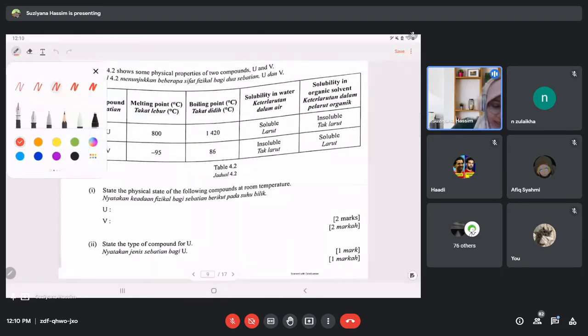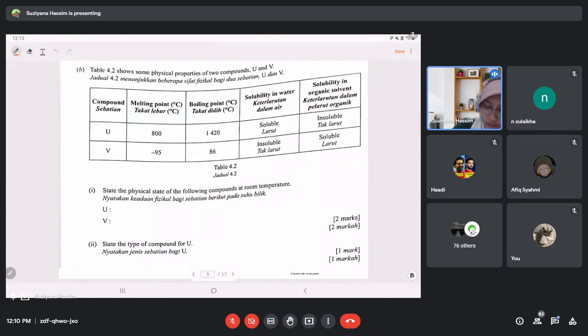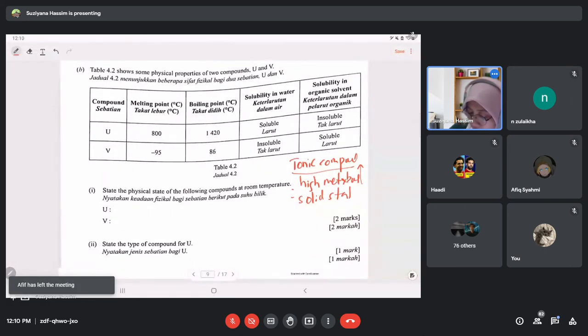Macam mana nak tahu dia adalah ionic atau covalent? Okay, ciri-ciri dia. Ionic compound. Okay, buat catatan. Ionic compound: high melting and boiling point. Ni kena tahu. Solid state at room temperature.